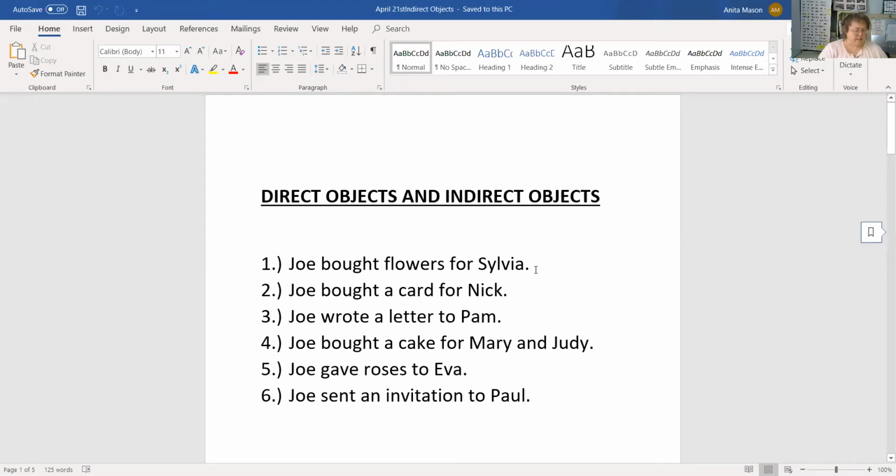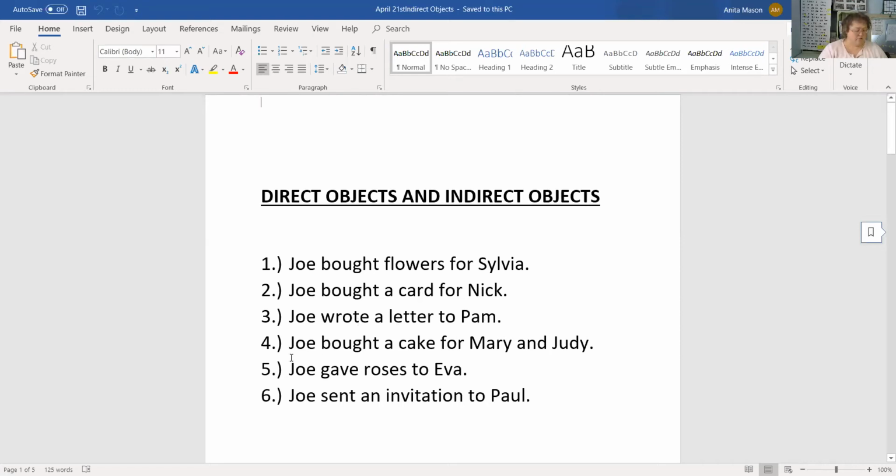The next thing that is on his to-do list from yesterday was to buy a card for Nick. So in the past tense, Joe bought a card for Nick. Number 3 was to write a letter to Pam. So in the past tense, it's Joe wrote a letter to Pam.